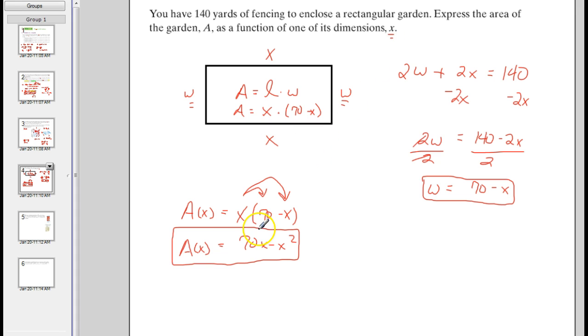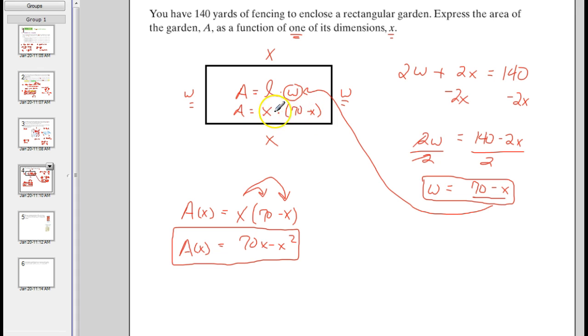Okay. Now it's important when you go through this process that when you have two variables and you want to express the function in terms of one of its dimensions, that you solve for the other variable. Alright, I want it in terms of x. I have w and x, so I solve for w. Why do I do that? Because when I plug into this other formula, since I have w isolated, I'll bring in the other variable in there.